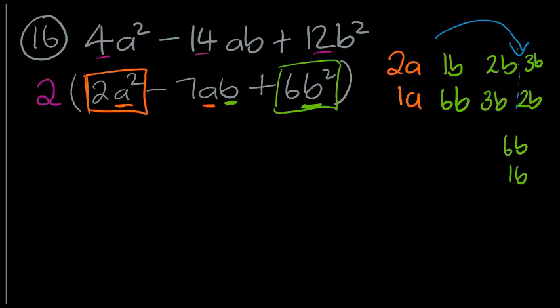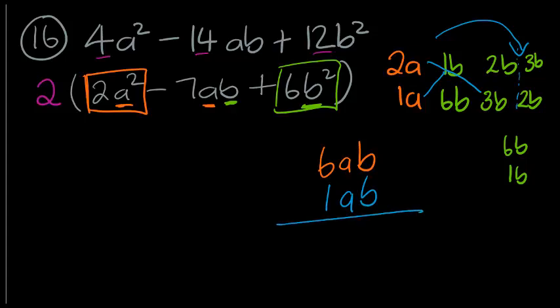So let's start with 2b and 3b. If I multiply 2a with 3b, I am going to have 6ab. Great. Now, if I multiply 1a with 1b, I am going to have 1ab.